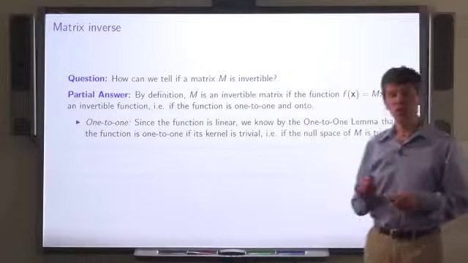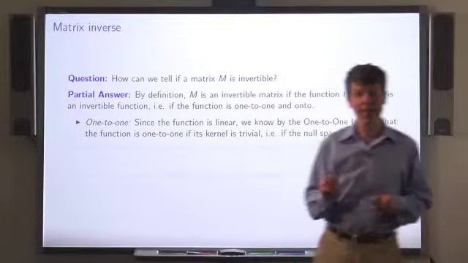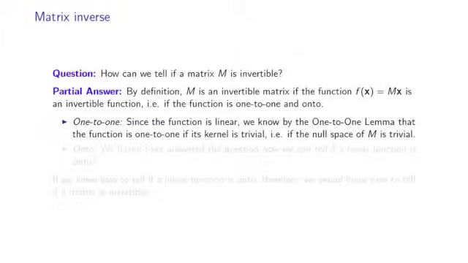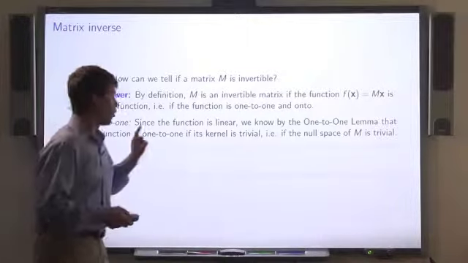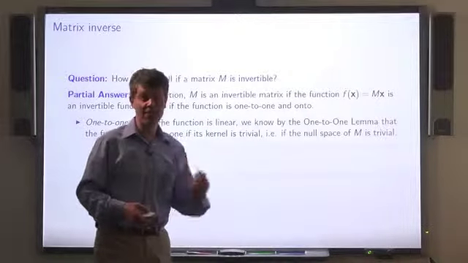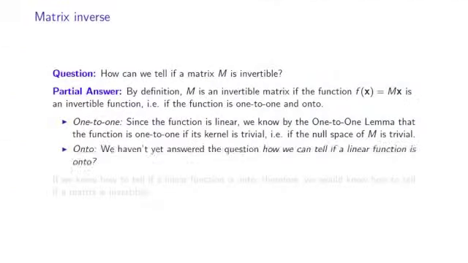And the function corresponding to matrix-vector multiplication we've seen is always a linear function. So by the one-to-one lemma, the function is one-to-one if and only if the kernel is trivial, which is the same as saying the null space of the matrix is trivial.